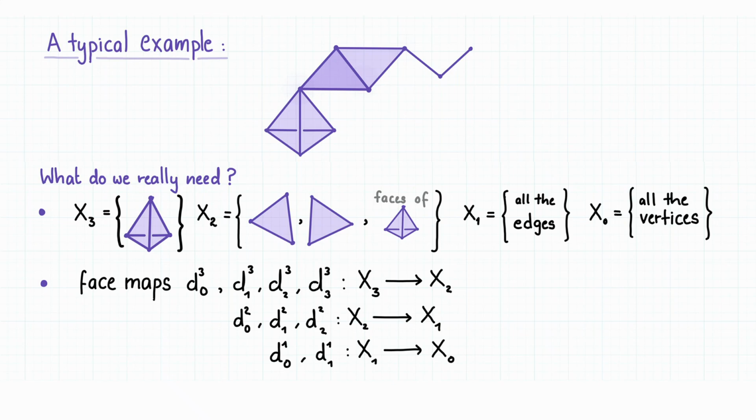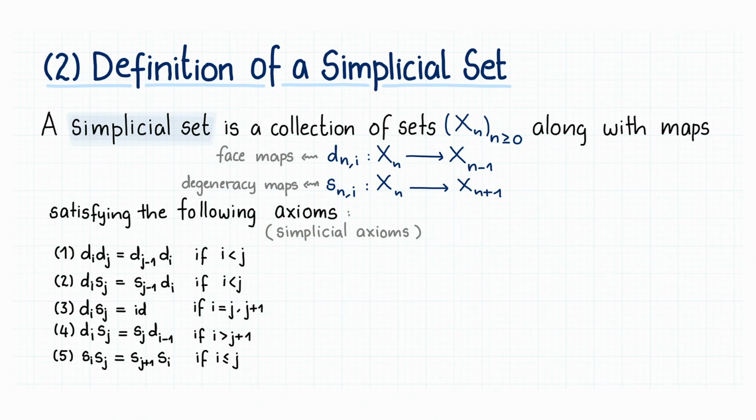And what people thought was, okay, let's just take the fun out of all of this. Let's forget about the pictures, forget about the geometry, and just take out the algebraic data of this and see what we can do with that. That gives us simplicial sets. A simplicial set is a collection of sets, the xn's, with certain maps, which we call the face maps and degeneracy maps.